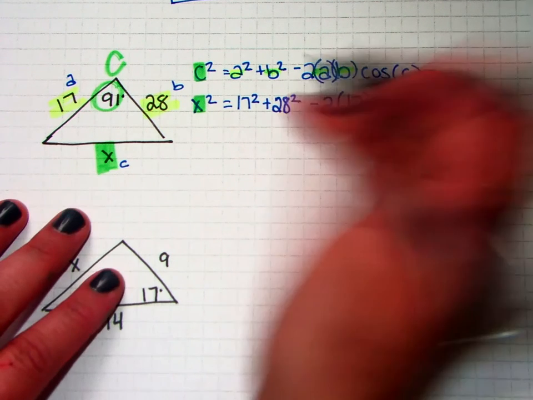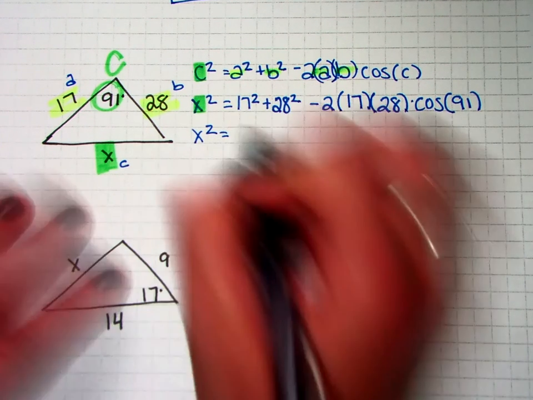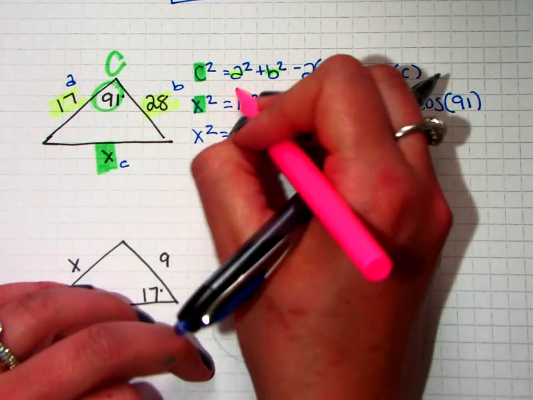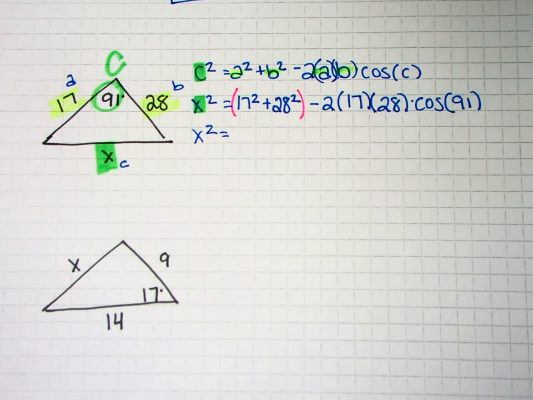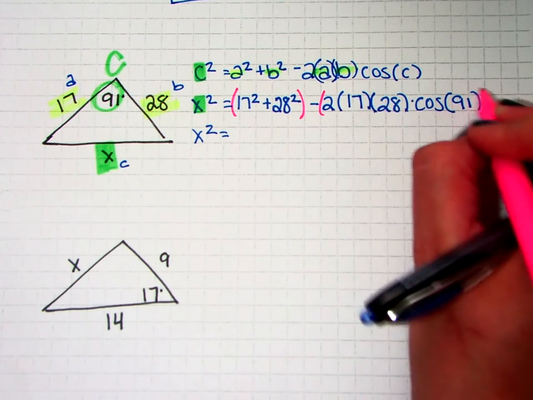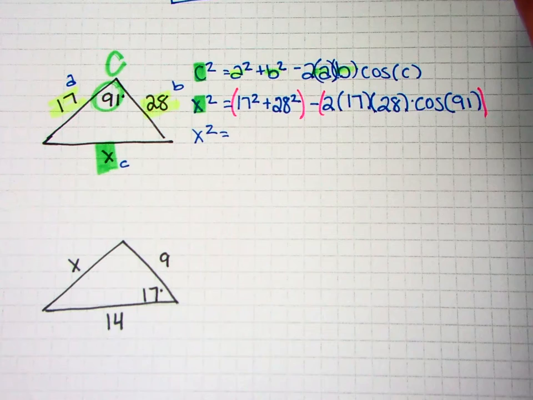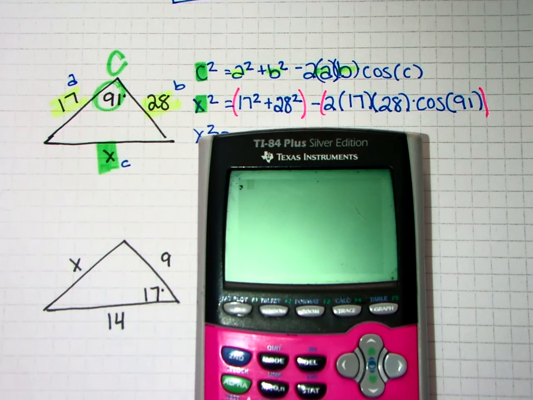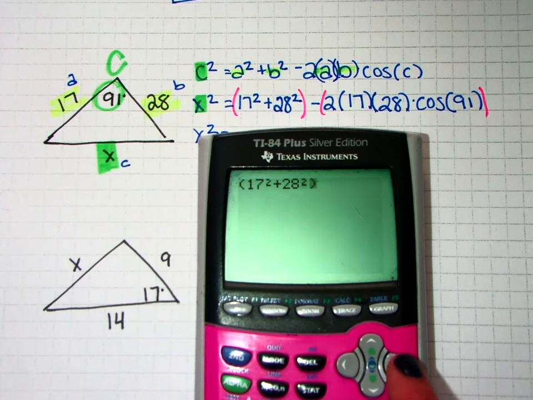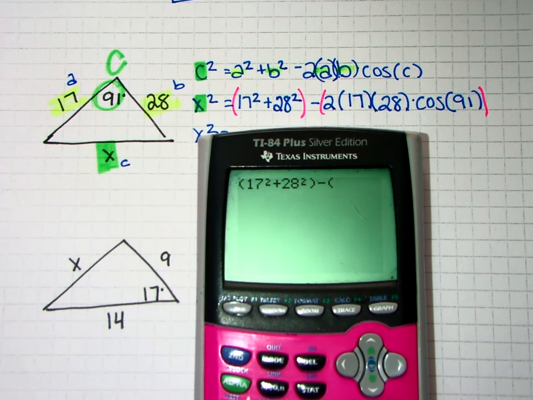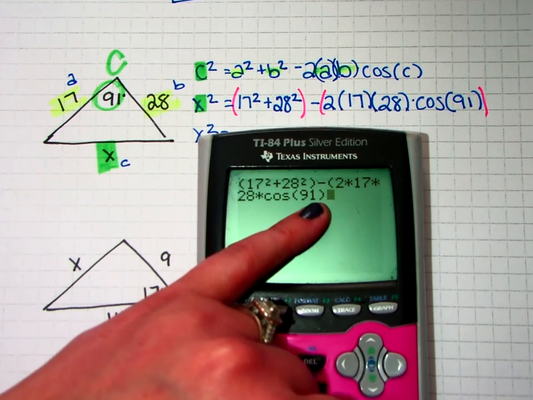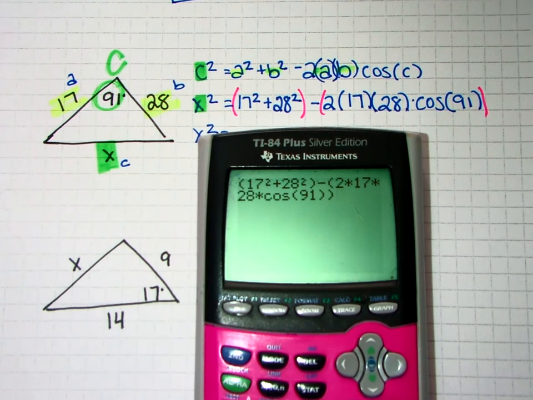Okay, I'm going to go ahead and type it into my calculator. Remember when you type it into your calculator to group the first set here and group the second set here. So I'm going to have parentheses, 17 squared plus 28 squared, close parenthesis, minus, open a new set, 2 times 17 times 28 times cosine of 91, close the cosine parenthesis, and close the outer parenthesis.